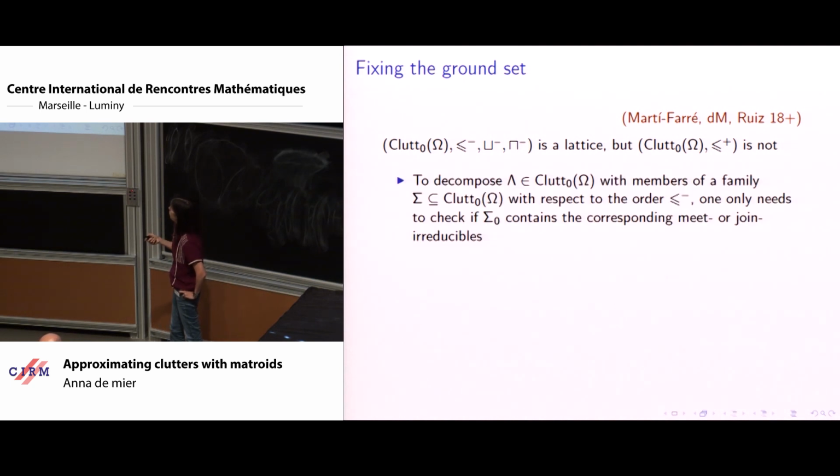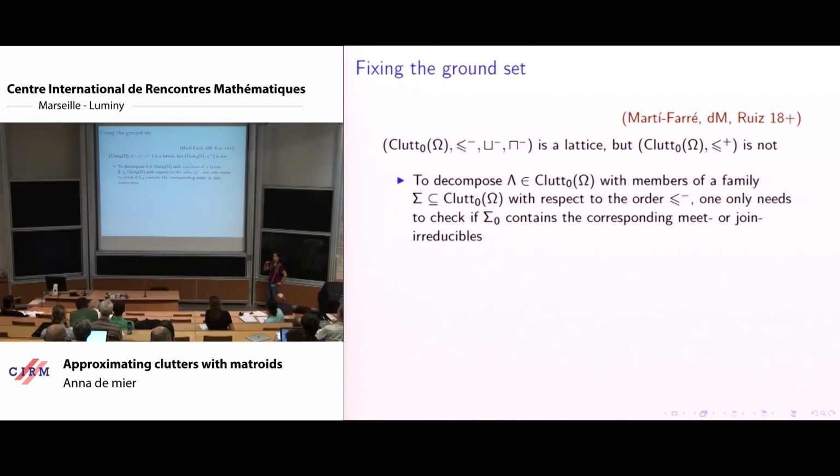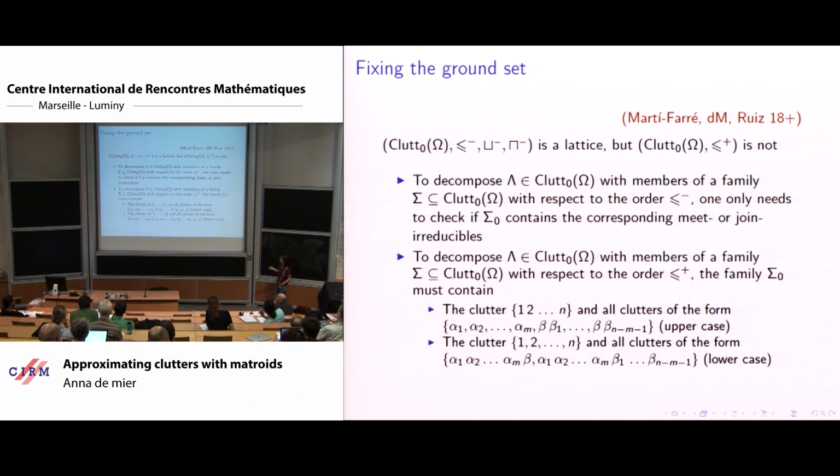So if you want to do the analogous thing with the order minus, just look at the join irreducibles or the meet irreducibles, and they are easy to find. I just didn't write them down to save space, but it's easy to do. And the nice thing is that for the other, which is not a lattice, there's still the same statement.